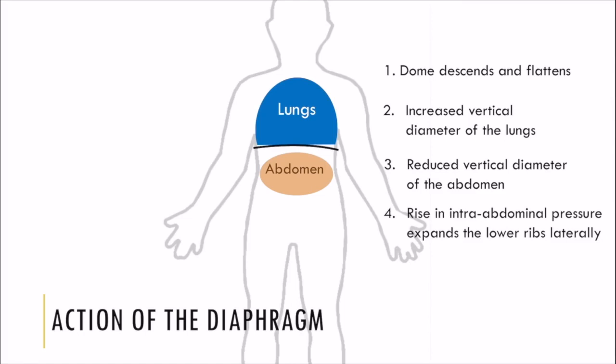Well, I can't guarantee that it works, but it should work if you have a proper activation of your pelvic floor. And EMG studies have shown that we see activation of the pelvic floor just prior to inhalation.